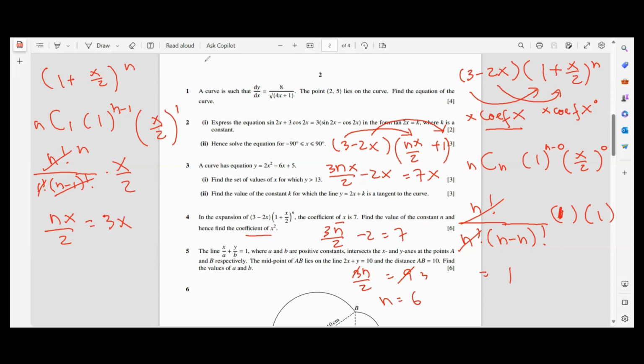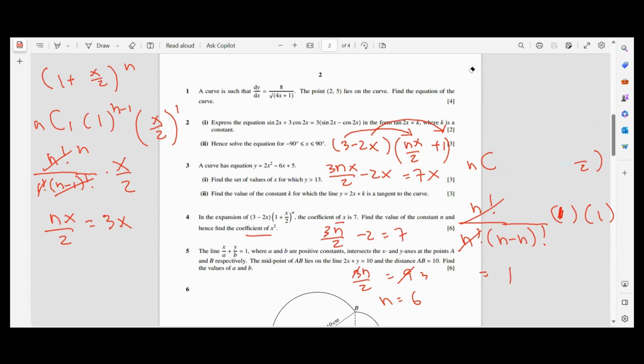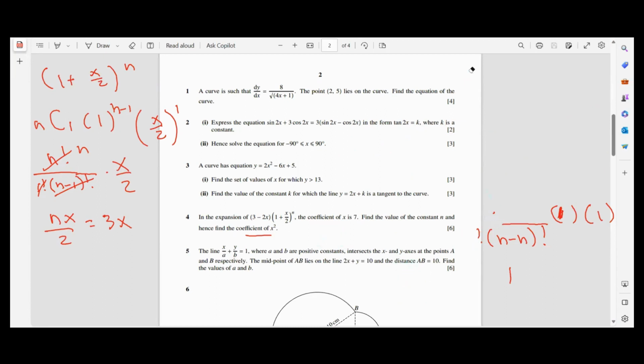Okay, let me delete some of this. With 3 minus 2x, if we want to get the coefficient of x squared, it means we have to multiply with something of coefficient x, and then plus something of coefficient x squared.